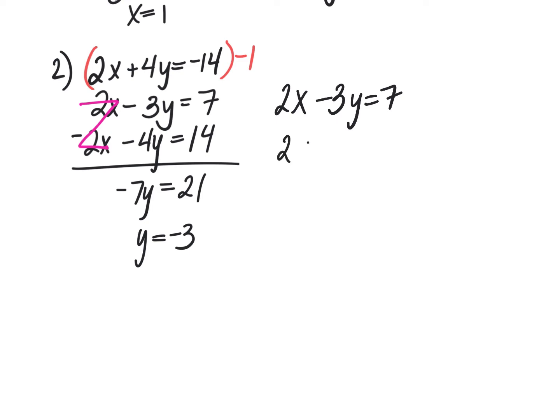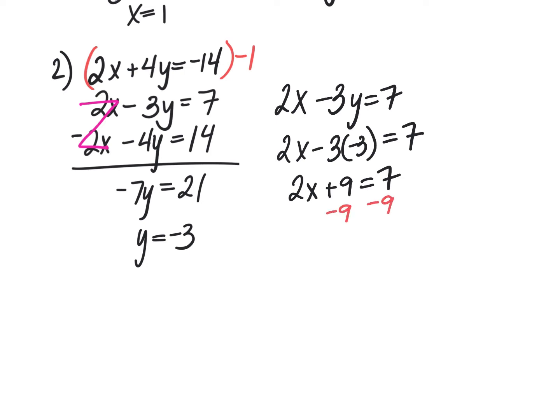Y is negative 3, so 2x minus 3 times negative 3 equals 7. 2x plus 9, negative negative makes a positive, equals 7. Subtract 9. 2x equals negative 2. And x equals negative 1. So negative 1 comma negative 3 is my ordered pair.